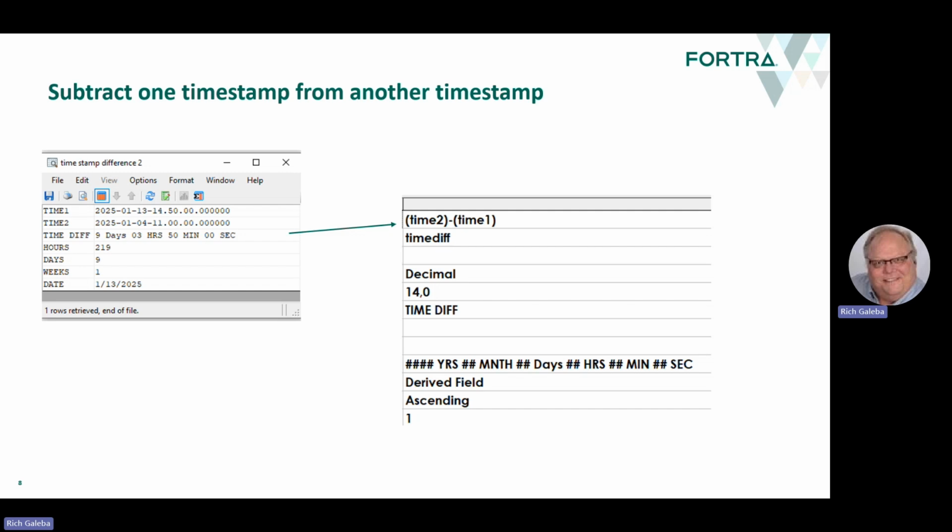So the first 4 digits are the number of years. The next 2 are the number of months. The next 2, number of days. Then goes on to hours, minutes, and seconds. I inserted that text to format that result. So when you subtract one timestamp from another timestamp, you end up with a result that's in years, months, days, hours, minutes, seconds. Similar to when you subtract one date field from another date field, you'll get the difference in years, months, and days.